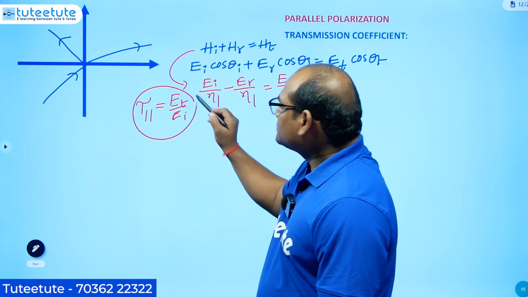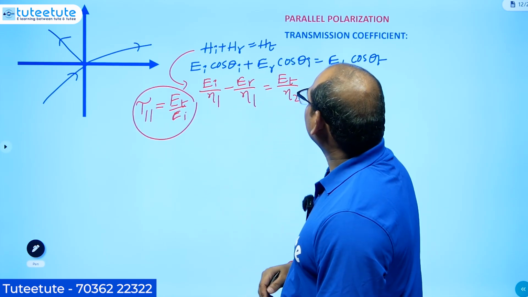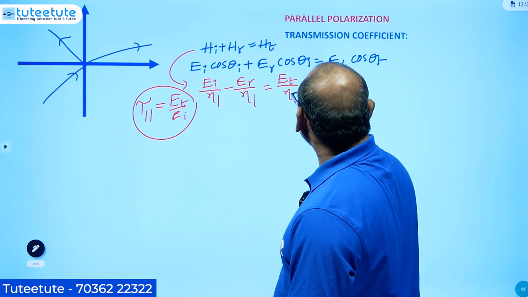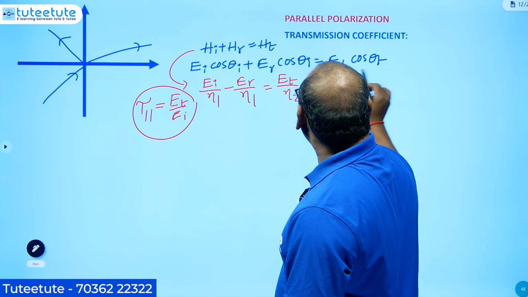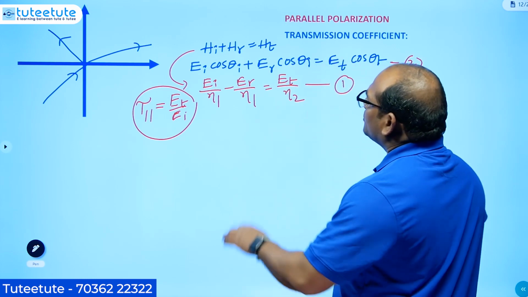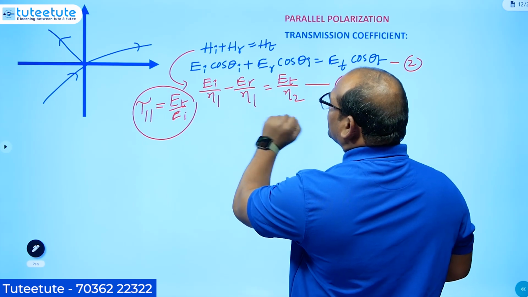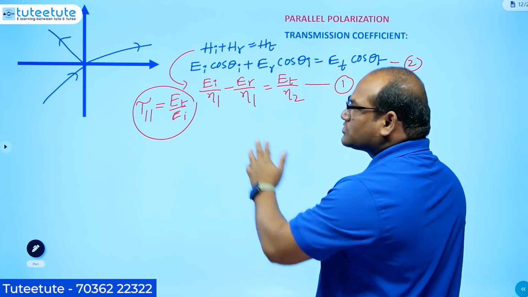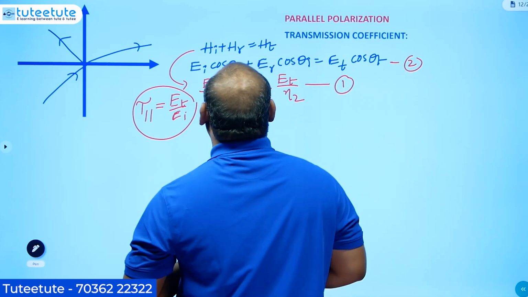This is what we need. So we need to eliminate the ER terms. For the time being I am calling this equation 1 and this equation 2 for this particular slide. So using equation 1, we need to replace ER. Then you will be left with ET and EI, so you can get the relation.